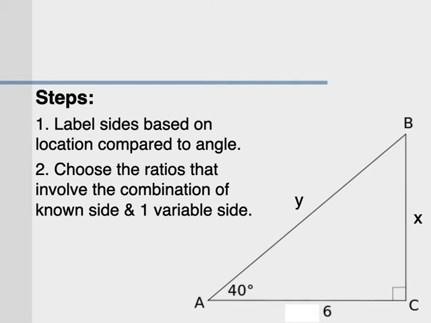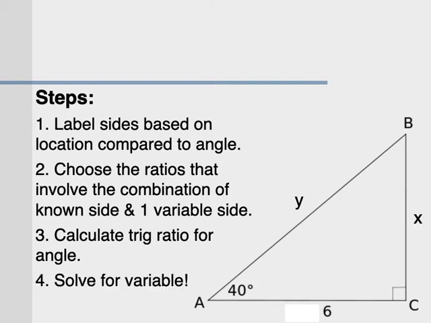So in other words, step 2 is to figure out whether you've got a sine, cosine, or tangent problem, which one of the three to use. Step 3 is to calculate the trig ratio for the angle using your scientific calculator. I'll show you how to do that in our first example. And step 4 is to cross multiply to solve for the variable.